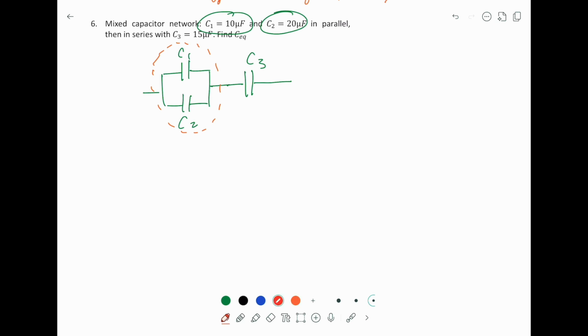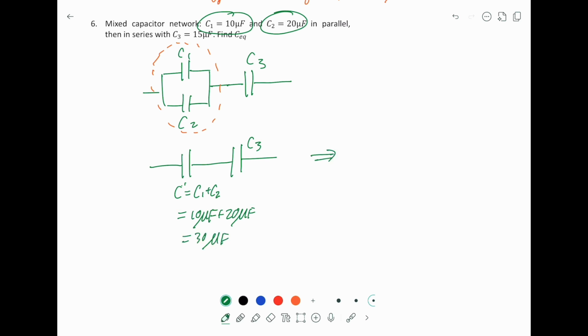So you can replace the 2 with 1 here, in series with C3, and we call this C parallel, just equal to C1 plus C2. So this is 10 microfarad plus 20 microfarad, which is 30 microfarad.